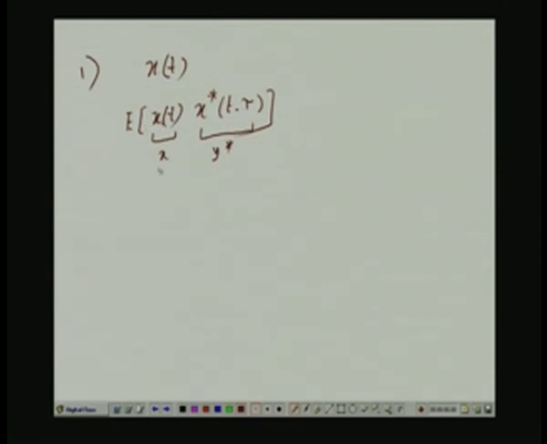So x of t is a random variable, the sample at a particular point of time t, and we call it x. The random variable x(t minus tau) is y, so it is the conjugate of that.